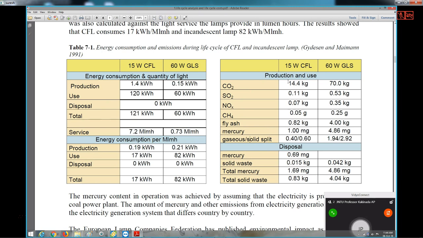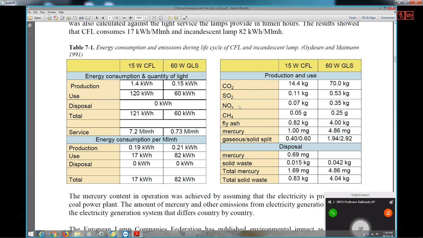Here the production and usage releases 14.4 kgs of carbon dioxide with the 15 watt compact fluorescent lamp, and a 60 watt incandescent lamp gives CO2 of 70 kgs. Now sulfur dioxide is 0.11 kg and the 60 watt incandescent lamp gives 0.53 kgs.